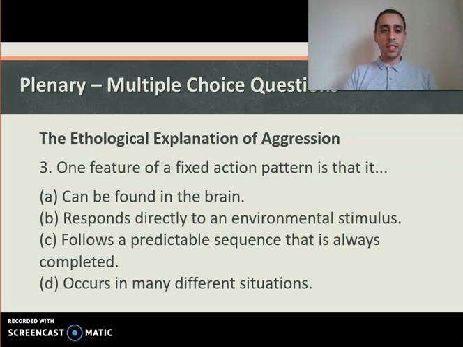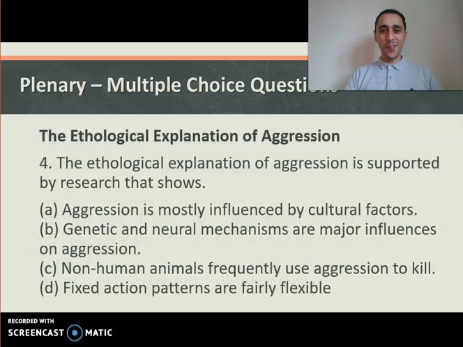One feature of a fixed action pattern. I'm going to go with B or C. What are you going for? I'll go with you then. I'm going to go B. I mean C.